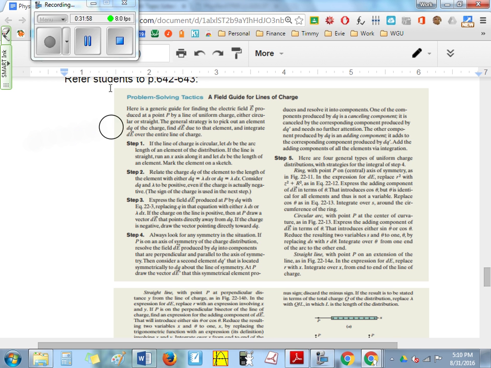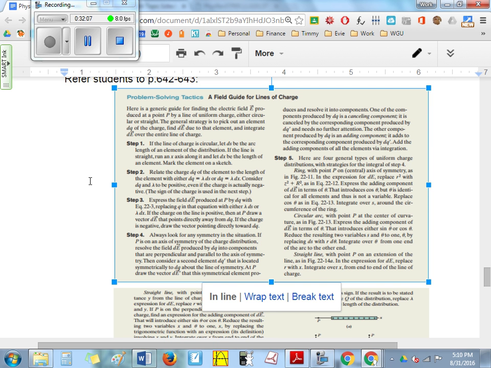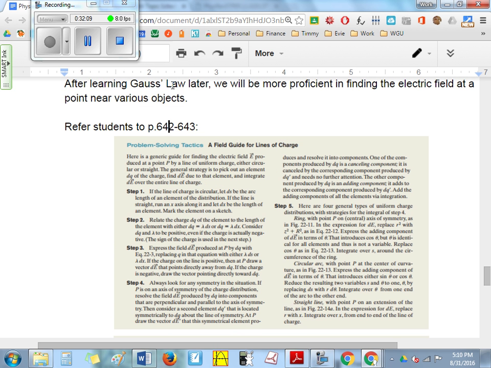Okay. And then it says relate the charge dq to the length of the element. So you want to have something like dq is lambda ds, or dq is lambda dx if you're going along a straight line. ds is like an arc length.